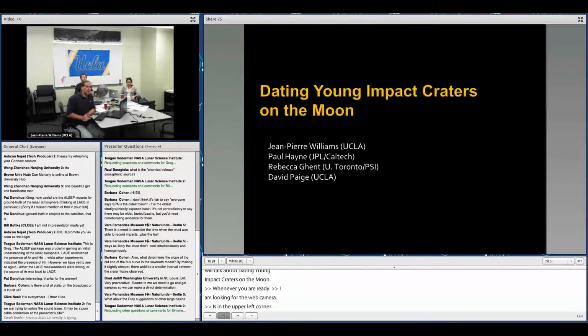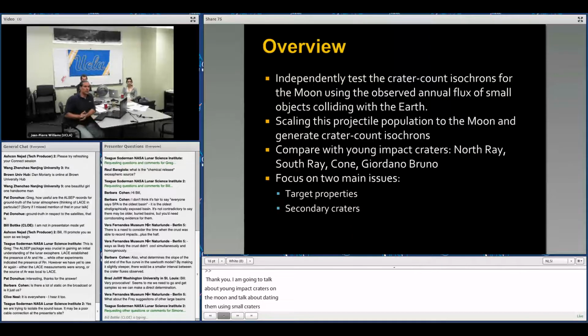So yeah, I'm going to talk about young impact craters on the moon, and specifically focusing on dating them using these small craters that are superposed on their continuous ejecta blanket. As an overview, I'm going to generate my own crater count isochrons independently using the observed annual flux of small objects colliding with the moon, so I can compare those with existing isochrons.